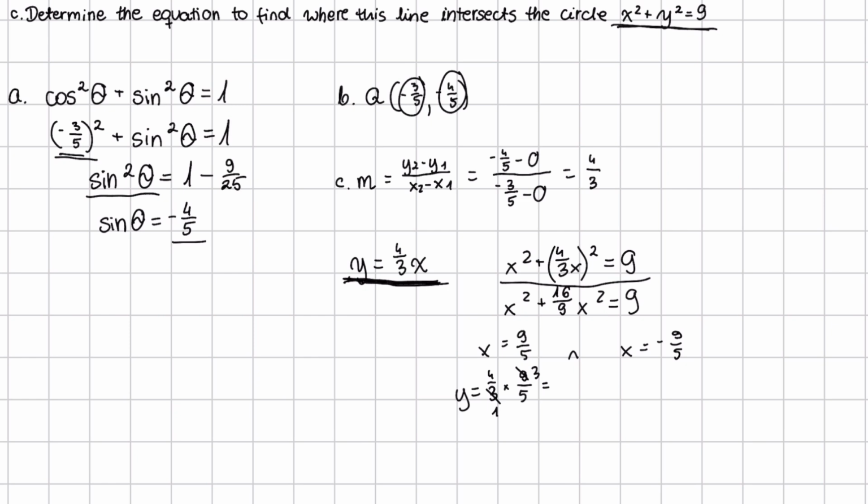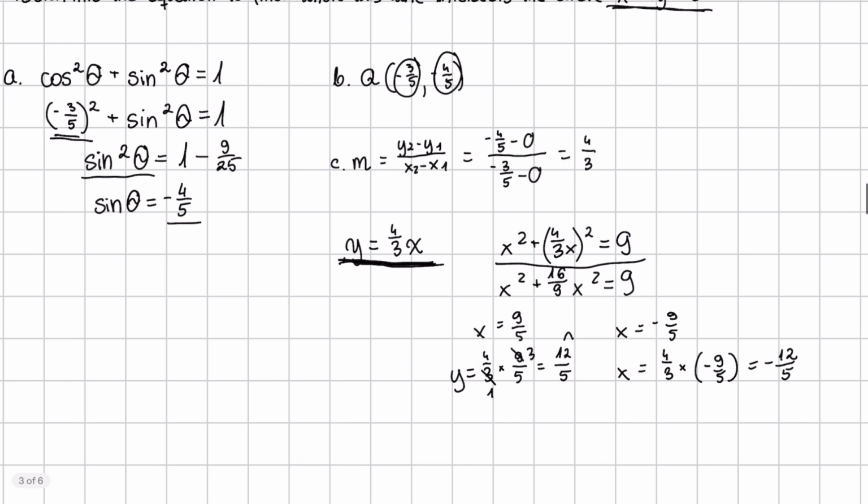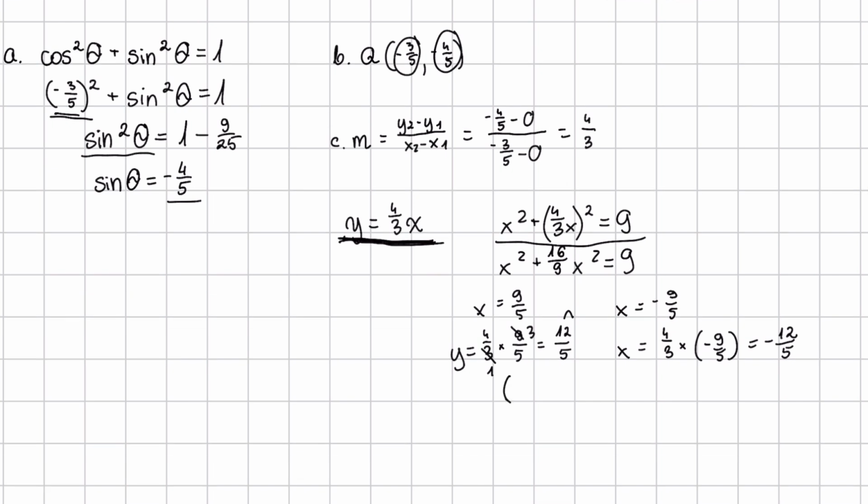So we have 12/5. And basically in here we have the same, however negative. So it will be negative 12/5. So our points of intersection are 9/5, 12/5, and the negative 9/5, negative 12/5.